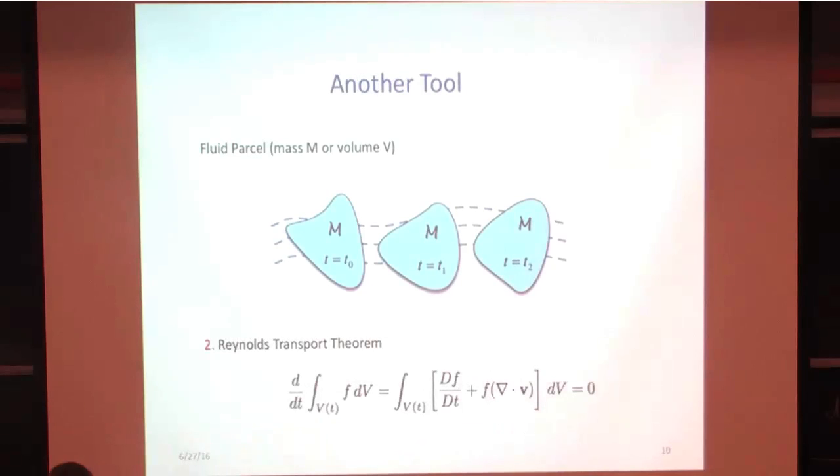So one useful thing you can do with this concept now is, there's another tool. Sometimes you might be interested not in how a quantity varies with respect to space and time in a moving reference frame, but in how the integral of that quantity changes.